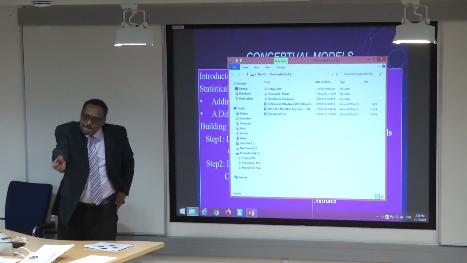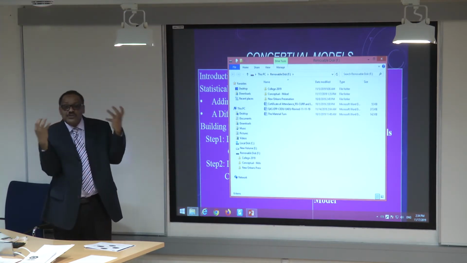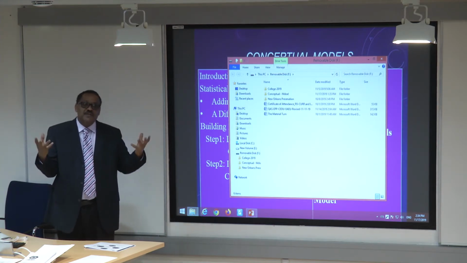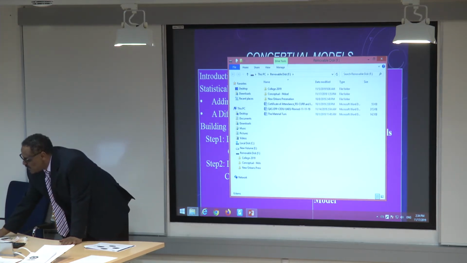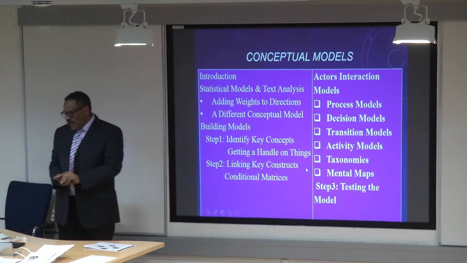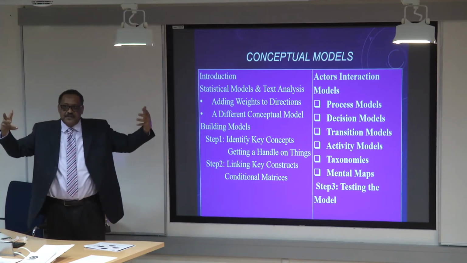And this is where, what are the key concepts there? Always you get it from your data, always from your themes and your data. Then linking key constructs, because you end up sometimes with different things.